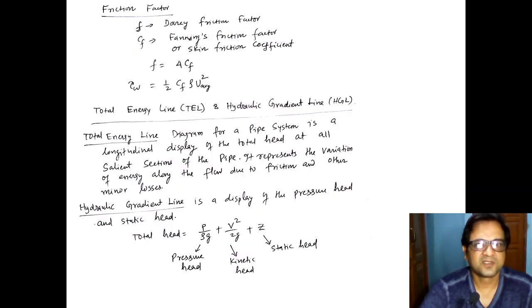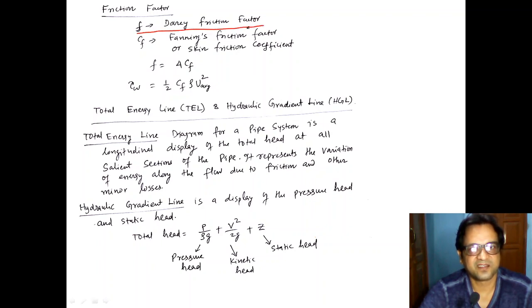Sometimes we also express the factor as Fanning's friction factor. This F is known as the Darcy friction factor, because in the Darcy-Weisbach formula to find out the head loss, it is known as the Darcy friction factor. Also there is another friction factor known as Fanning's friction factor (Cf).